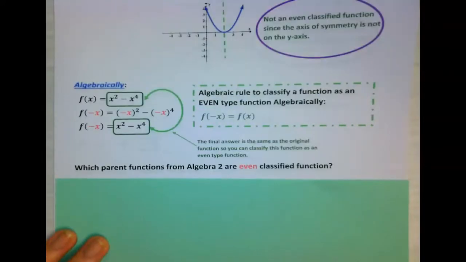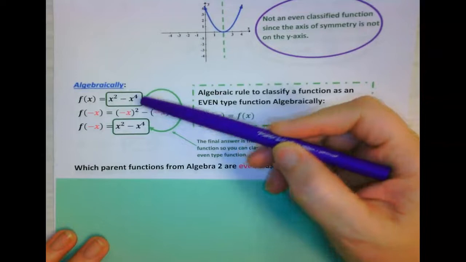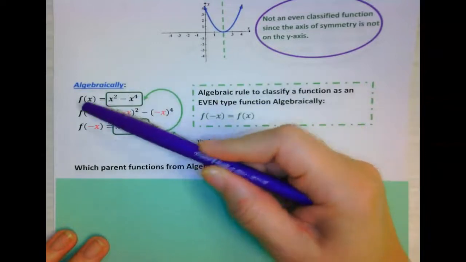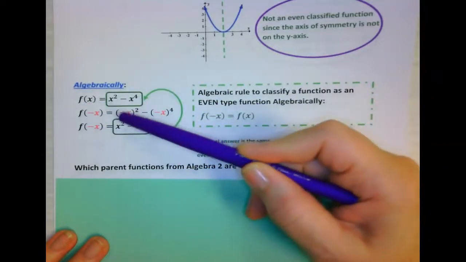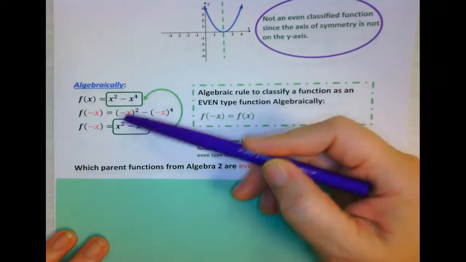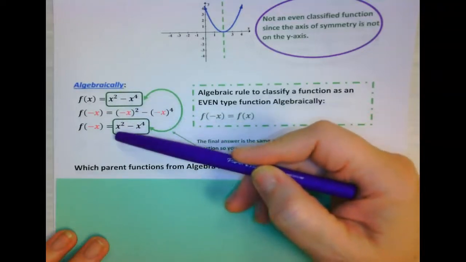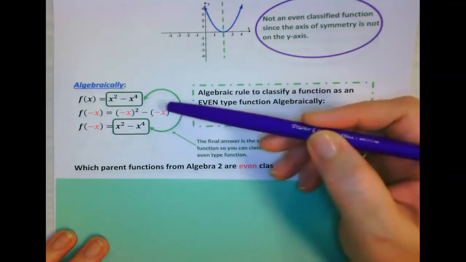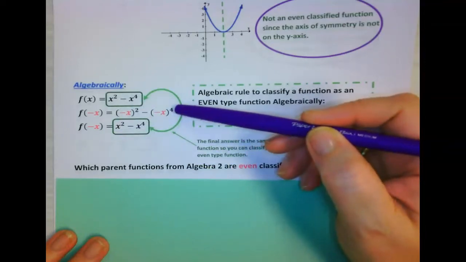We also learned how to classify functions algebraically. And so what we did is we took a function and we replaced every x in the function with a negative x. So I inserted a negative x here and a negative x here, and I simplified it. So a negative x to the power of 2 would be a positive x squared. A negative x to the power of 4 would be a positive x to the fourth.